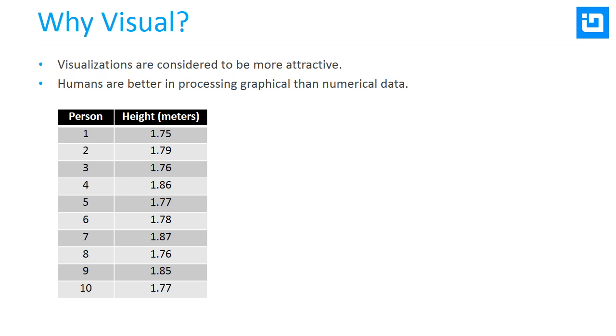Okay? Hopefully you have it by now, but it's typically not instantly. So for those who still don't know, the tallest person in this table is person number 7, because that person is 1 meter and 87 centimeters tall.